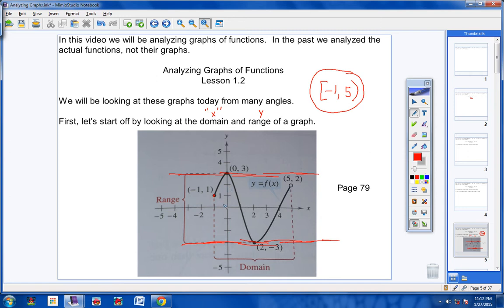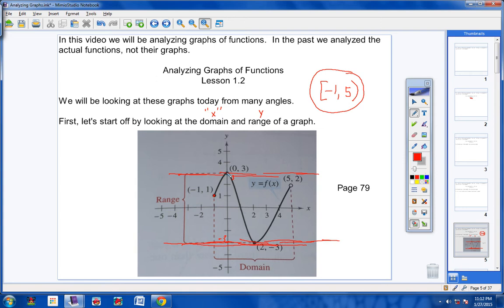That's just like the domain. Like I said a second ago, the domain started from the left, the negative side, and went to the right. So the range is going to start with the negative side and go to the positive. So the lowest part of the graph on the y-axis goes all the way down to -3. That's why you drew a horizontal line, so you can see how far down the graph went. It went to -3, okay? Now, it went all the way up to +3.